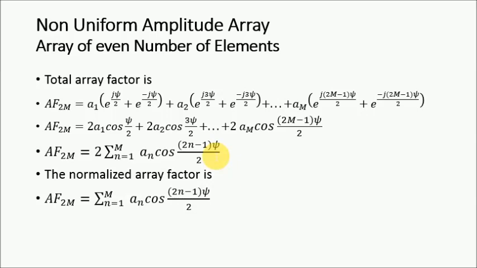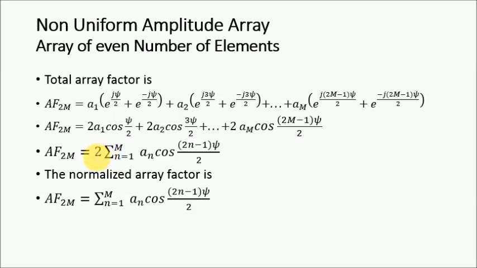Now what is the maximum value here? The maximum value is 2 here, because this is not the same case. It means that the amplitude of current is not the same, and because of that we could not take this an as common, and this is the critical case of the non-uniform amplitude array. So here the maximum value is 2.